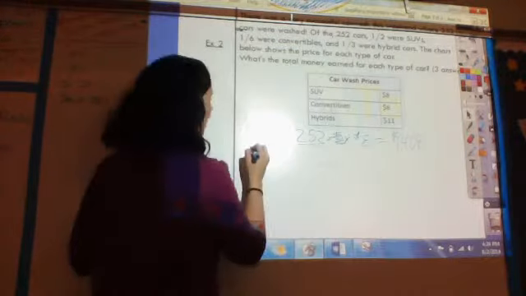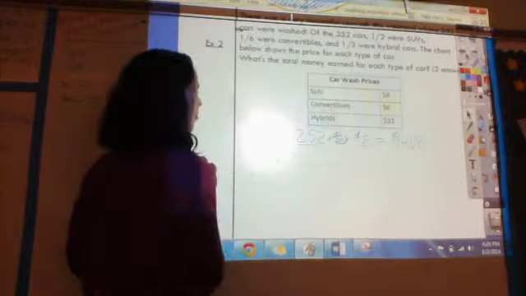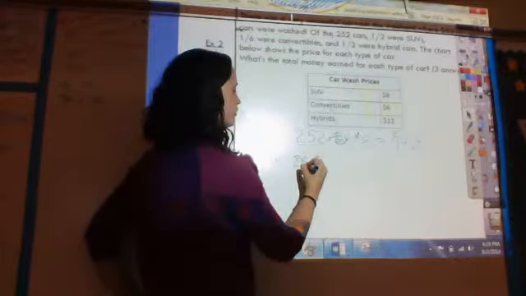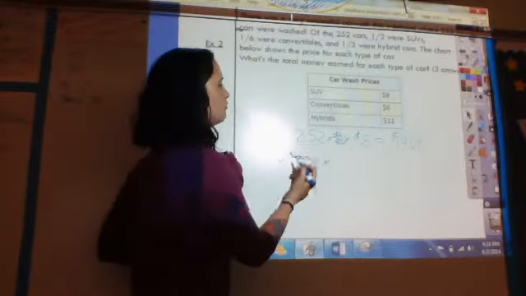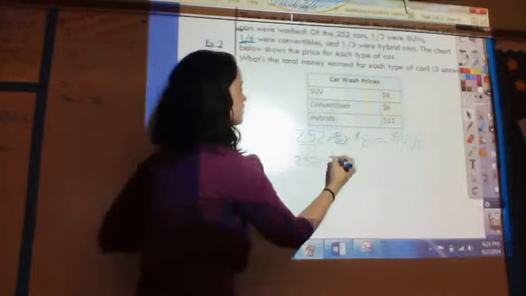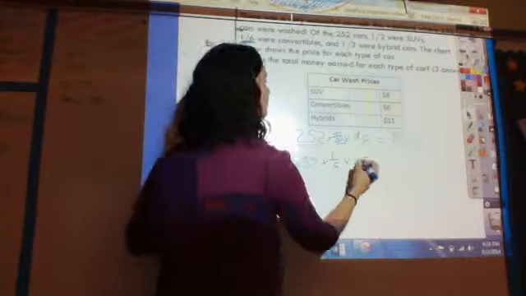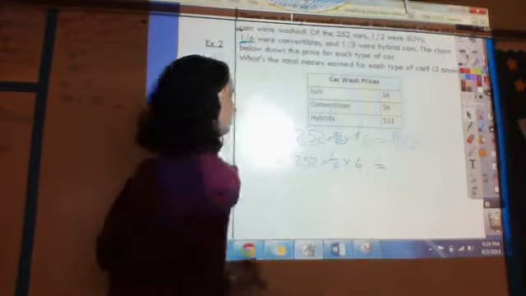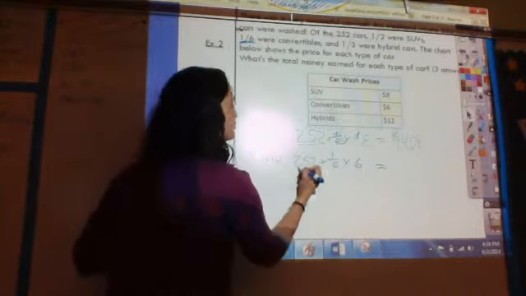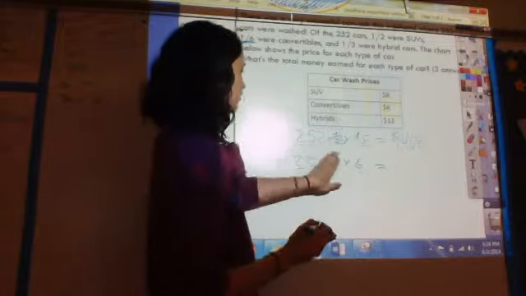Can we do that for every category? Absolutely we can. I'm going to put CONV. Convertibles, I'm going to put 252 times. How many do I have? 1/6. What's my price? $6. How would I multiply 252 times 1/6? That's really the same thing as 252 divided by 6, right? So I can cross that out.